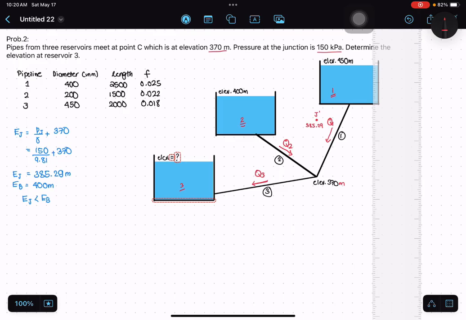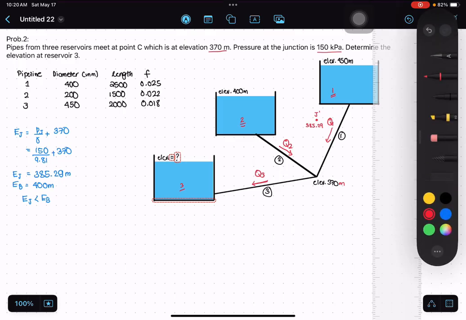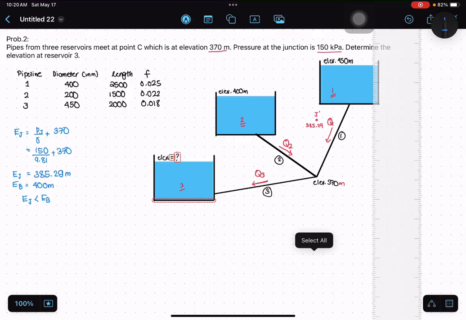Okay, so after this, kunin na natin yung mga head loss due to pipe friction ng tatlong pipes. So, unahin natin yung sa pipe 1. You have the formula of Darcy-Weisbach, 0.0826 FLQ squared over diameter to the 5.